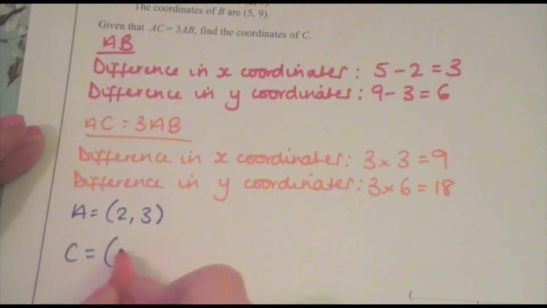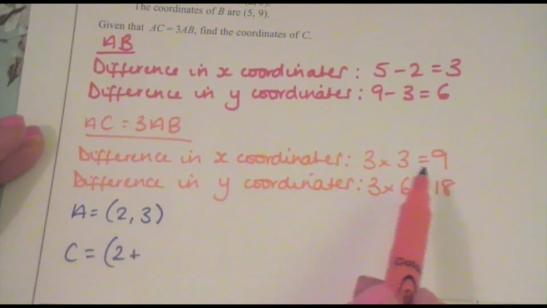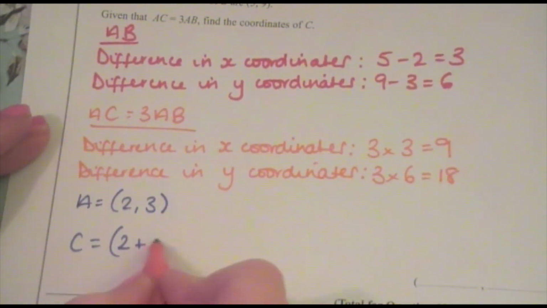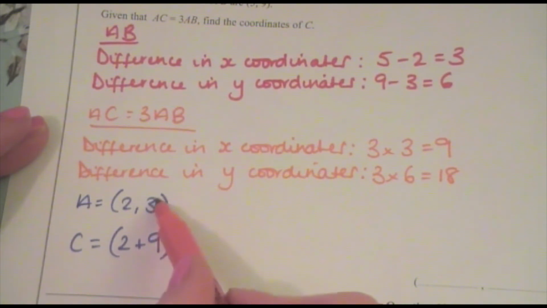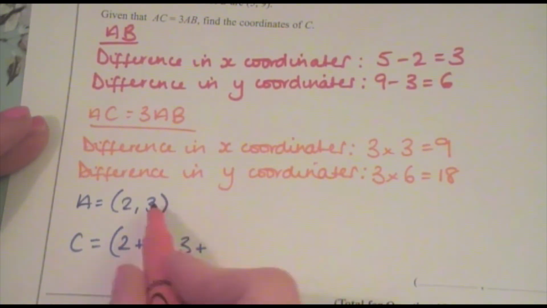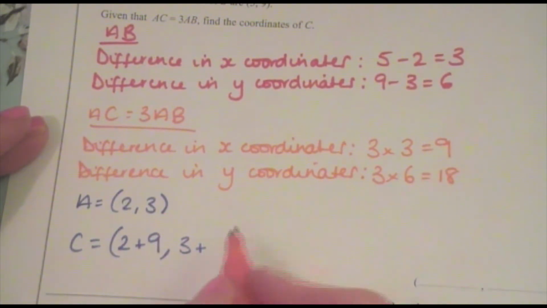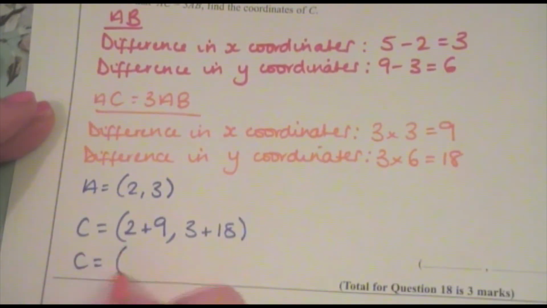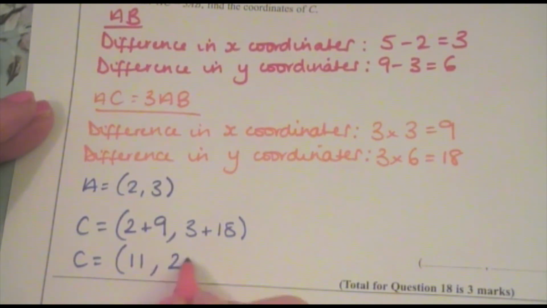My C coordinate is going to be 2 plus whatever the difference was in the x coordinates, which was 9. And my y coordinate is going to be 3 plus whatever the difference was in the y coordinates here, so 18. That means that C should have coordinates 11 and 21.